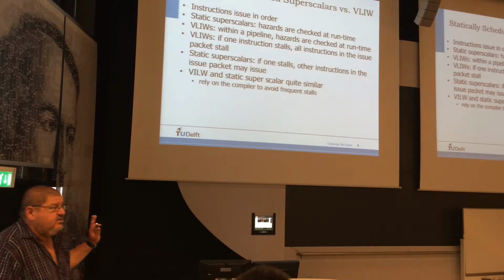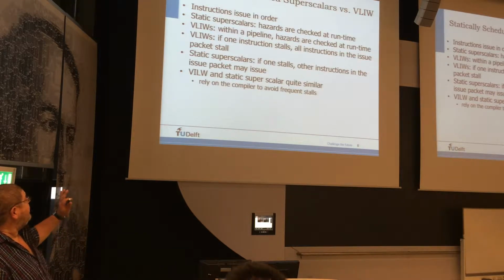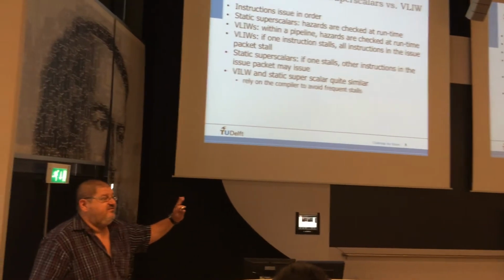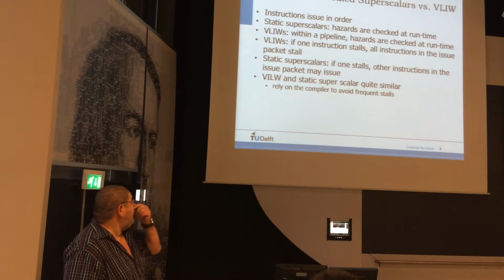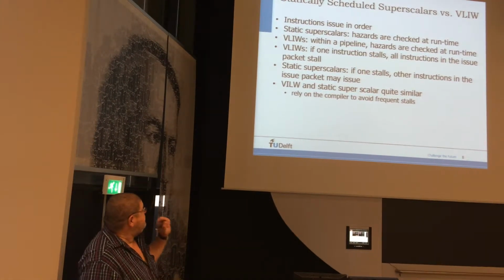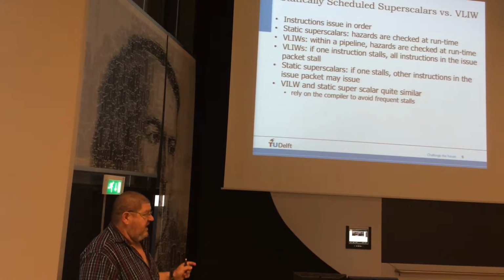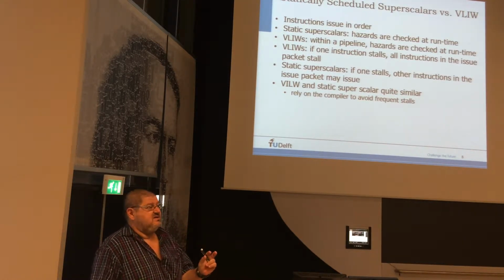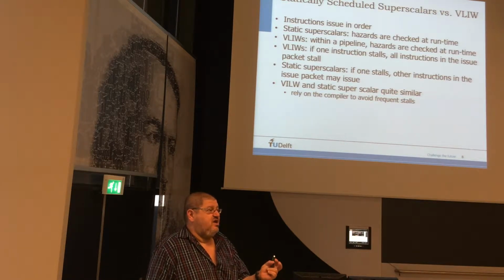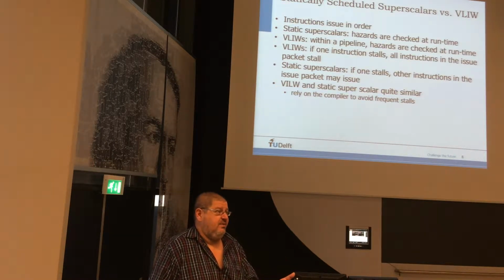On this one, I already told you that static superscalar and VLIW are very similar, and there are some simple differences. Both rely on the compiler, and the main difference is that in a superscalar, statically scheduled instructions can jump each other at runtime.